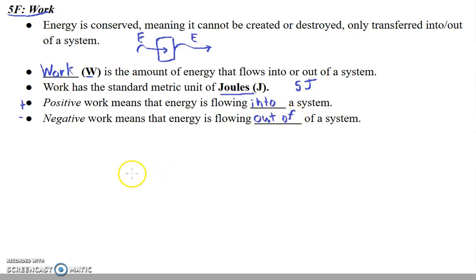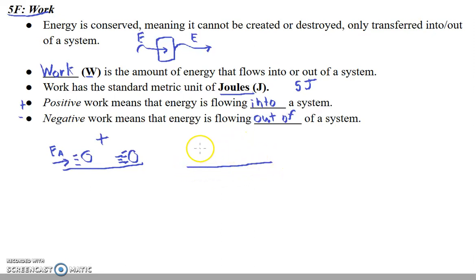An example of positive work would be if you had a ball rolling along and then someone came up behind the ball and pushed it, gave it an applied force, and then all of a sudden it's moving faster. This would be an example of positive work because the object's gaining energy it didn't have before from an outside source.